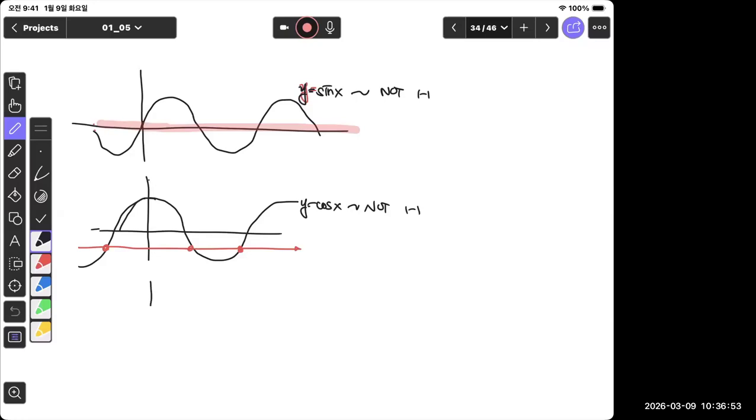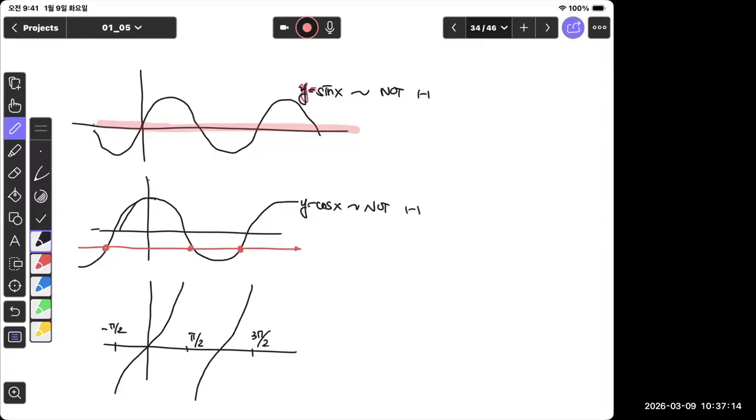Then how about tangent? We get this increasing function between minus half pi and half pi, and then we get the same copy between half pi and 3 pi half.